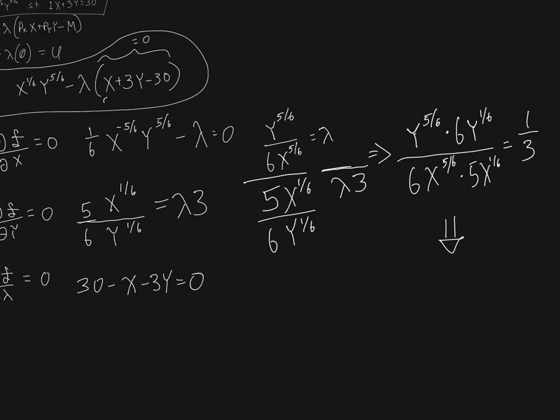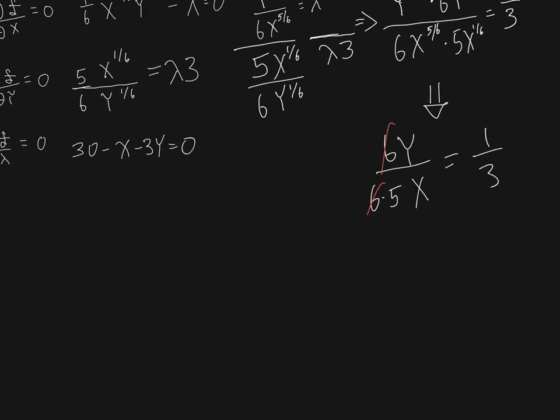So this top portion just becomes y, because 5/6 plus 1/6 equals 1. So this becomes 6y divided by 6 times 5 times x. And I'm obviously going to cancel out the 6's in about 1 second. Go. Cancel out the 6's. And that must be equal to 1/3.